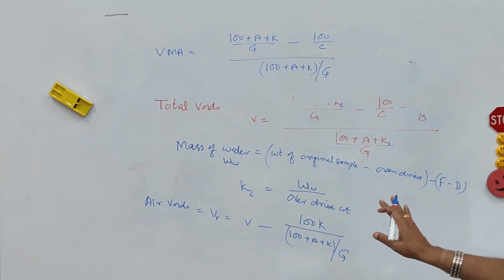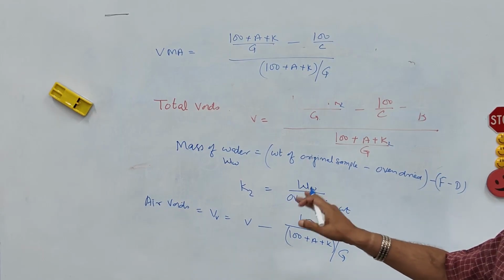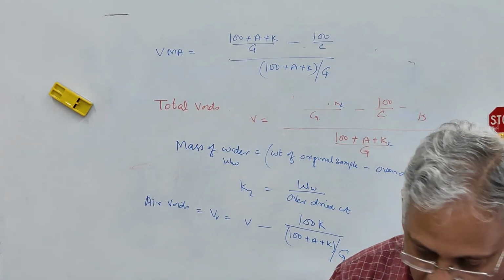These parameters are to be calculated for each bitumen emulsion content, and then you make the plots.